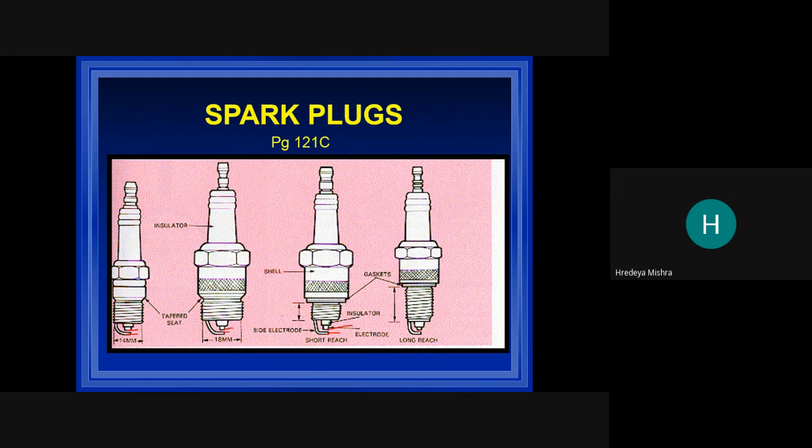See, this is our side electrode and this is our center electrode. There must be clearance between the electrode and the side electrode, because if there is no clearance, then there is no spark.